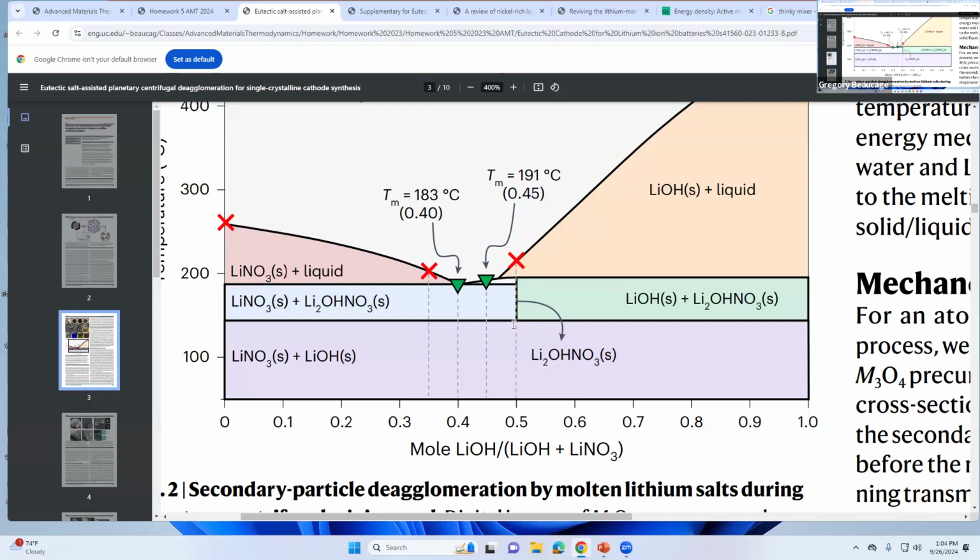Once you get below that, then you separate into the lithium nitrate and lithium hydroxide. The nitrate's on the right, hydroxide's on the left. So those are just pure, this is at 100 degrees C. So what is the difference between the right side of the intermediate, like the green and the blue?